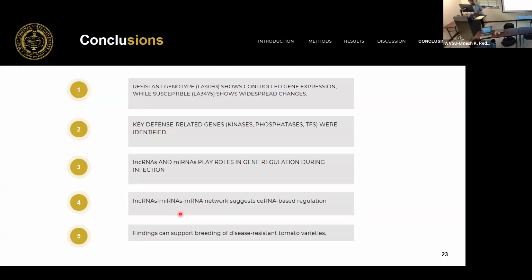LNCs and miRNAs play roles in gene regulation during infection. Basically, the non-coding part of the transcriptional machinery, these LNCs and miRNAs, can change the expression of certain genes by halting the expression of the LNC or the mRNA. Basically, miRNA sequesters or binds and keeps the messenger RNA from being translated.